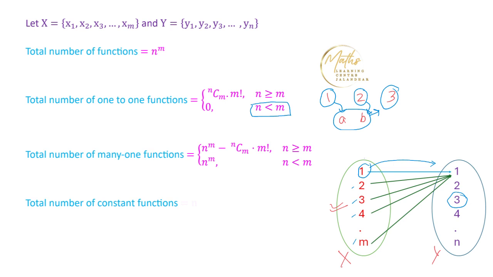So how many options are there for the first element 1? There are a total of n options to choose from. So the total number of constant functions is equal to n. If we have fixed the image for the first element, then all other elements will have the same image, and there are n options for the image of the first element 1.